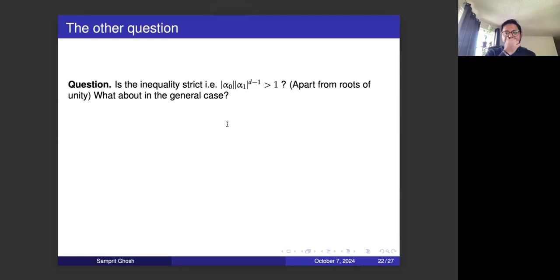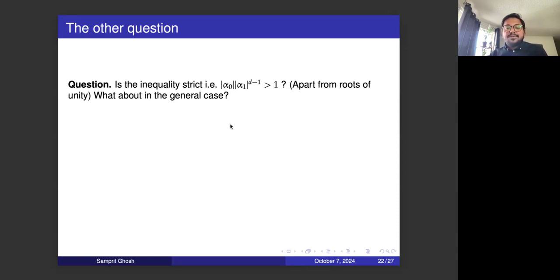Okay, so the other question that we are interested in is, when does strict inequality hold? Or if the inequality is strict, how big is it? So let's look at the one-dimensional case first. Alpha 0, alpha 1 to the d minus 1, is that strictly bigger than 1? Of course, we're not considering the trivial case where the roots are roots of unity, because then it's exactly equal to 1.